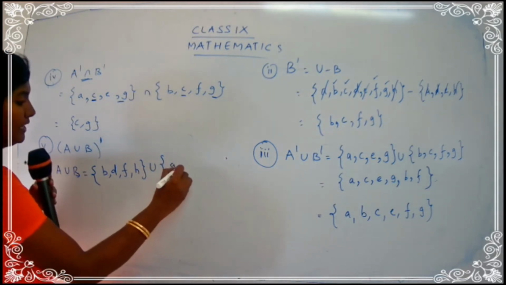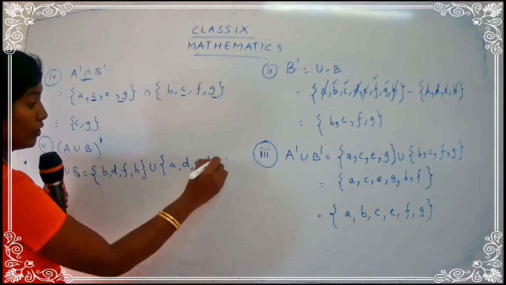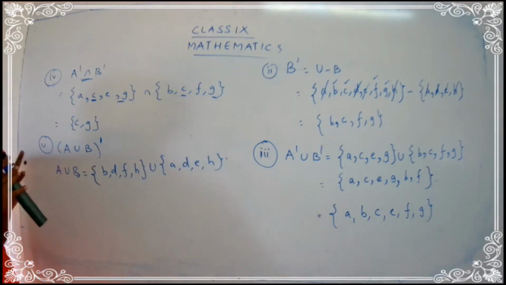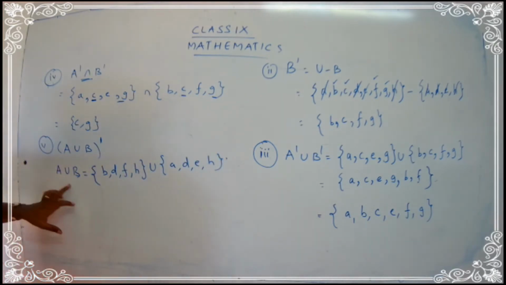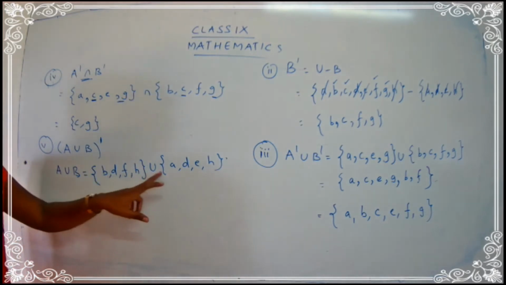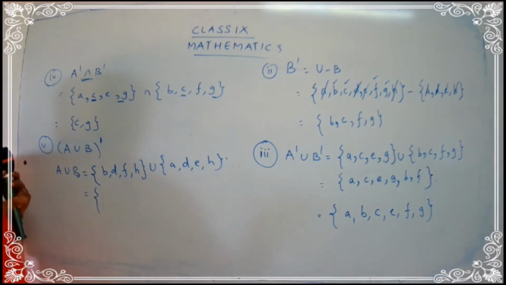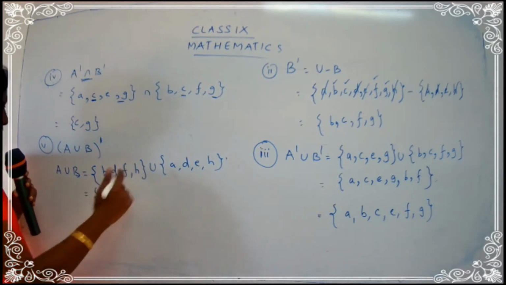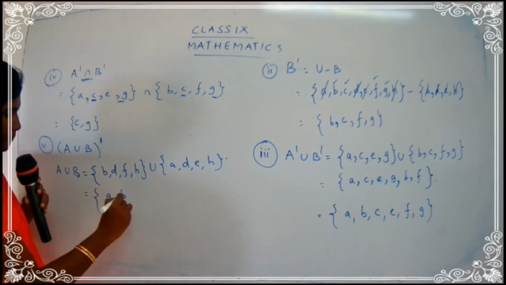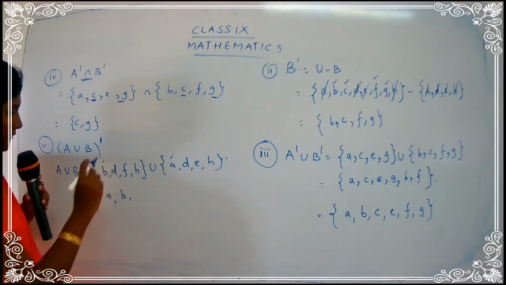So I have taken here, I am not taking here A dash, B dash. Okay, children, be careful. I am finding A, B. That means I am going to take the union of A and B. I will write down this directly. I know how to arrange the members in alphabetical order. So A, B, I just put a tick so that I will not miss any terms.